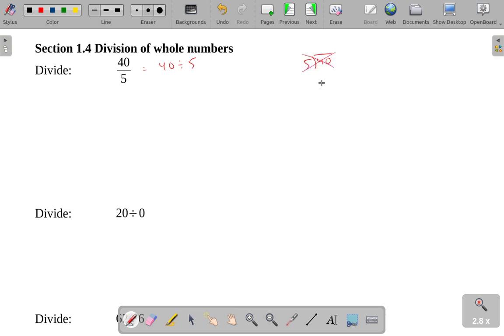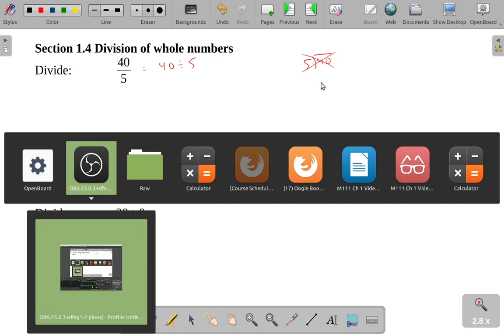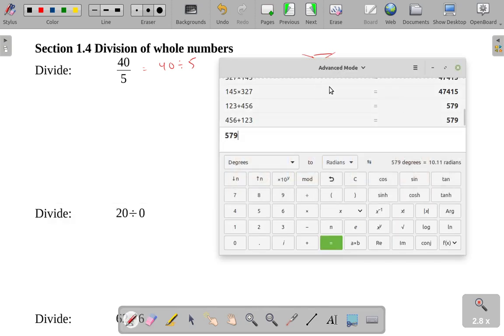In any case, if we're typing this into the calculator, we'll actually end up using 40 divided by 5. I use the slash key, so I'm actually using my keypad. Let's see, where is it on this keyboard? It's right there, but it's the slash key.